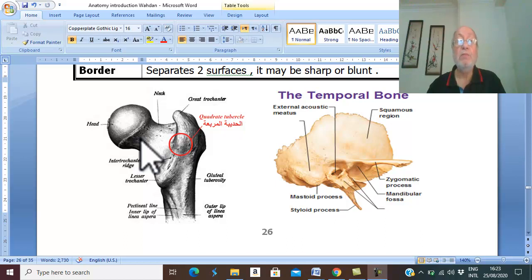And process. Process is an elongated elevation, like this elongated elevation, which has a blunt end.